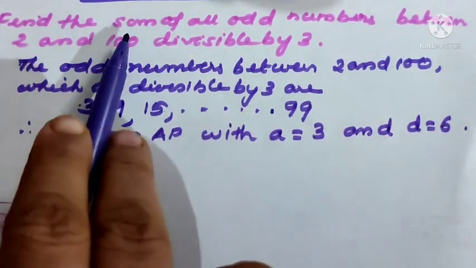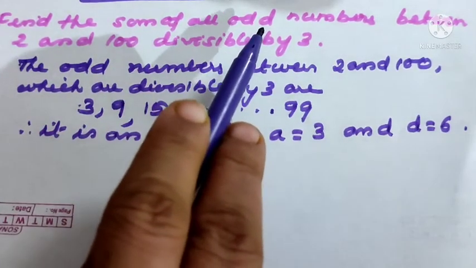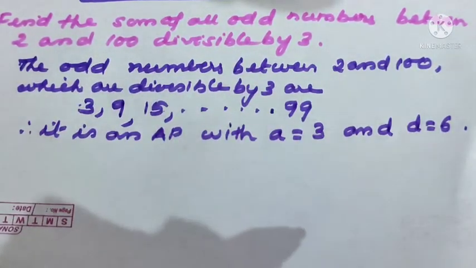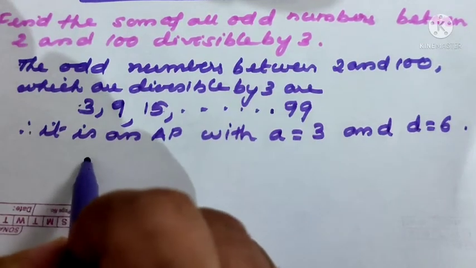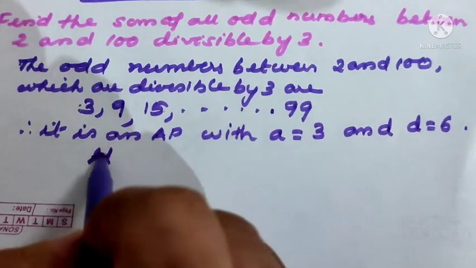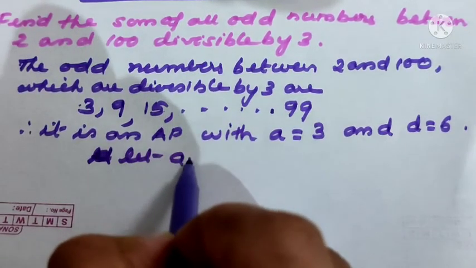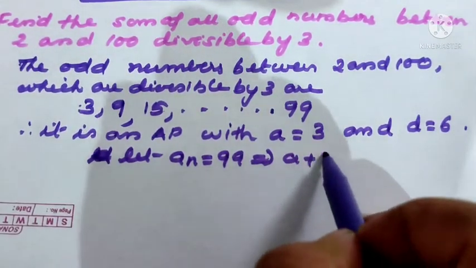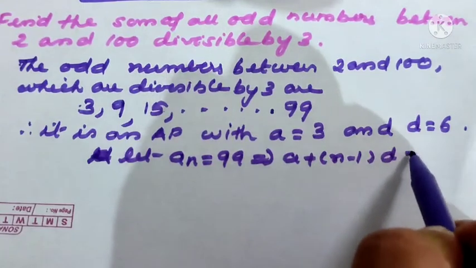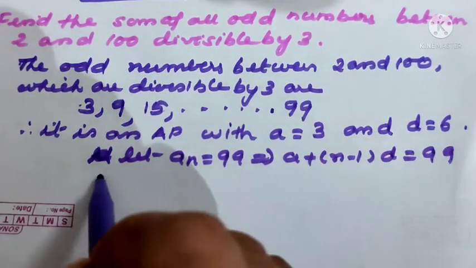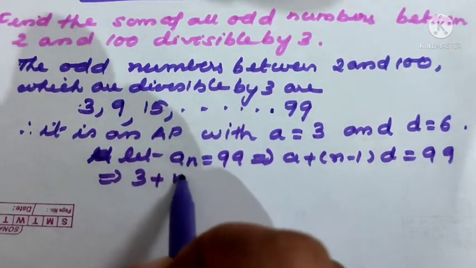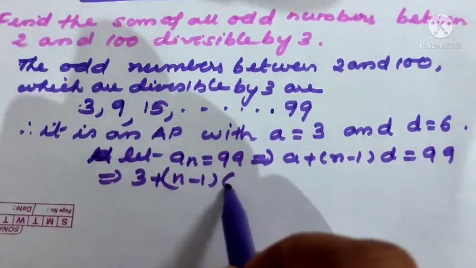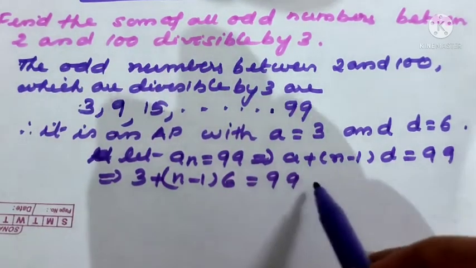Now the question is find the sum of all odd numbers. We don't know how many numbers are there. So the first step is, let an equal to 99, which implies a plus n minus 1 into d equal to 99. What is a? 3 plus n minus 1 into 6 equal to 99.